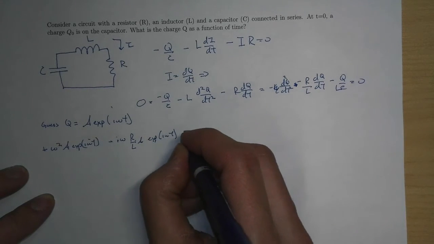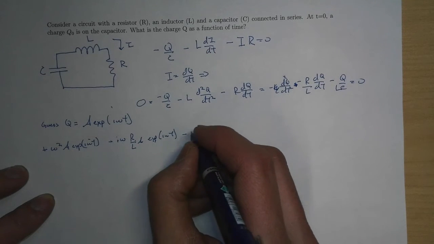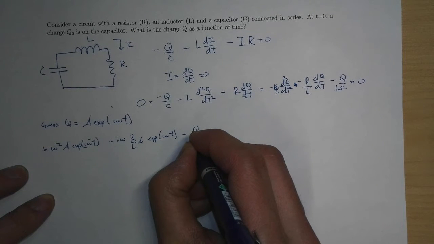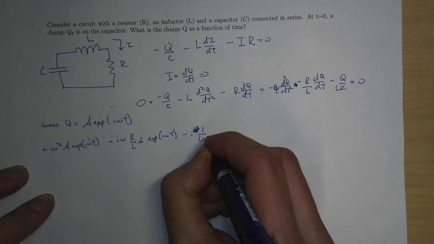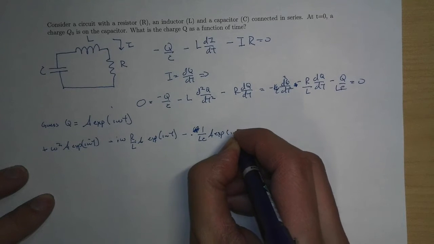The last term will be minus 1 over LC A exponent I omega t.